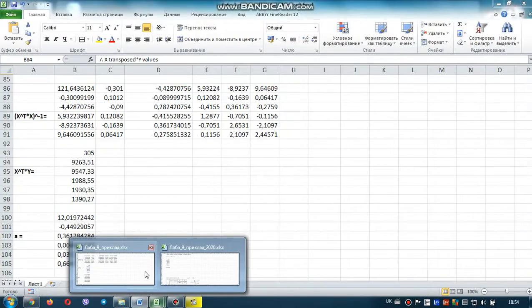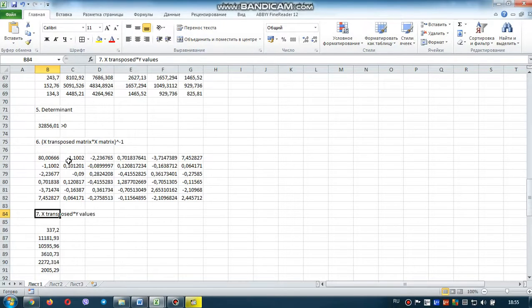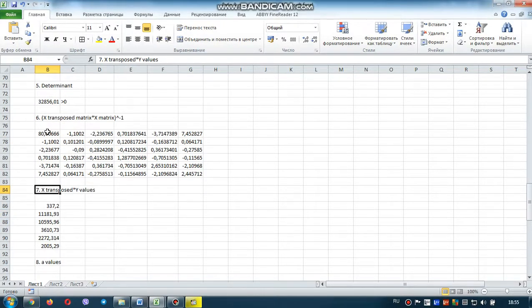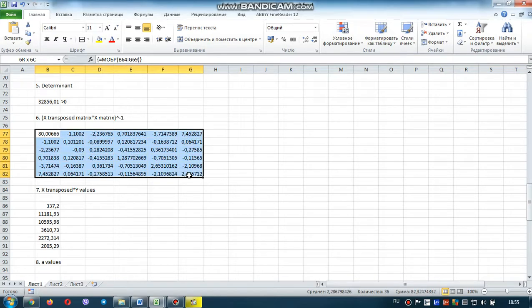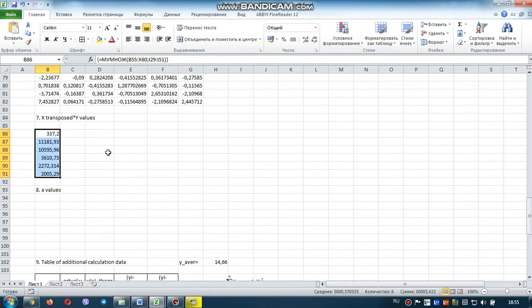So we have just to multiply our inverse matrix and Y values. We use the function умножь as well.